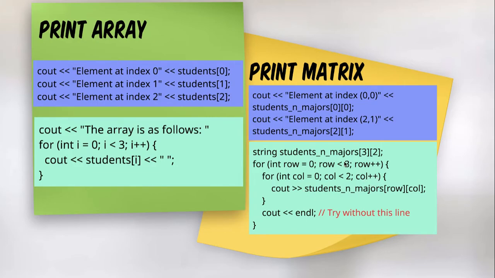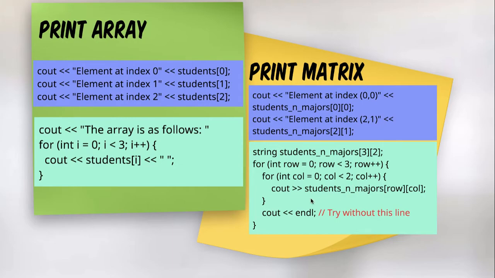So in the first iteration, what will happen is both the value of row and column are 0, 0. In the second iteration of the inner for loop, it will print the number for 0, 1.